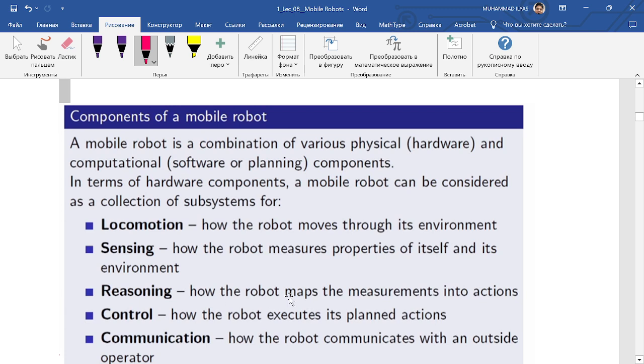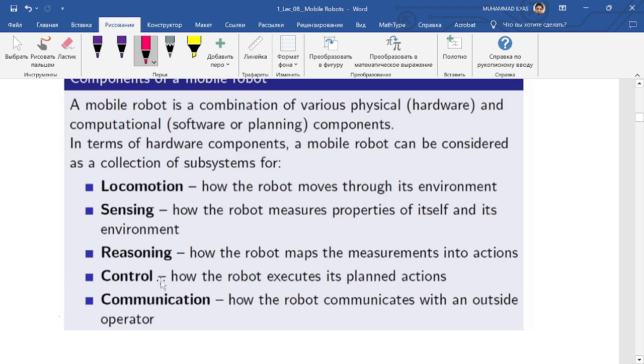Reasoning or decision making means that the robot gets information from its sensors, and then through some algorithms it converts these sensing measurements into the actions it should take.